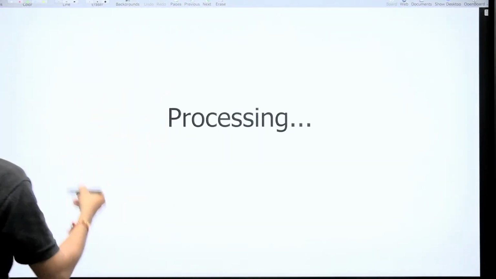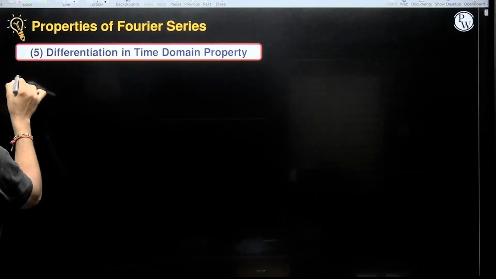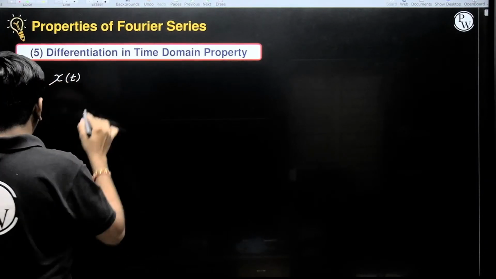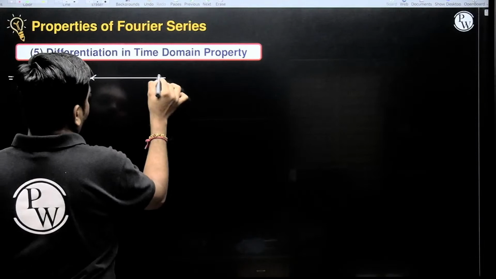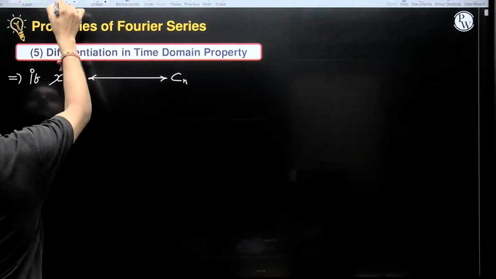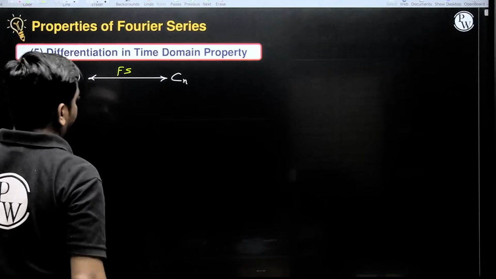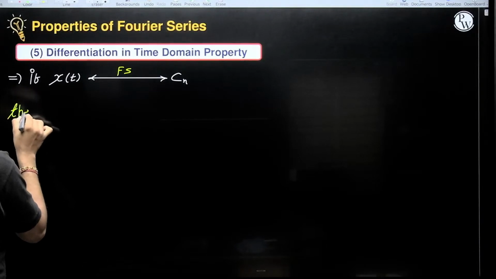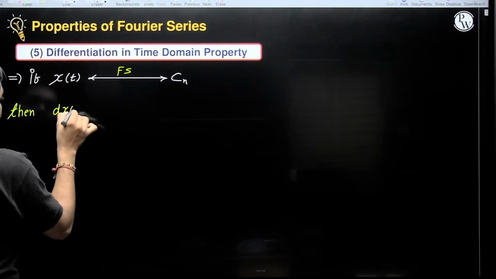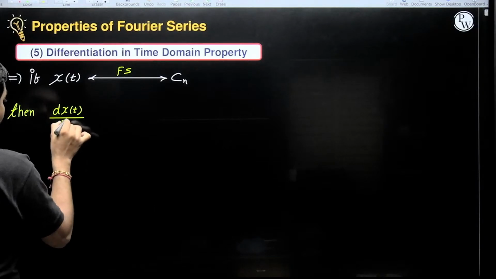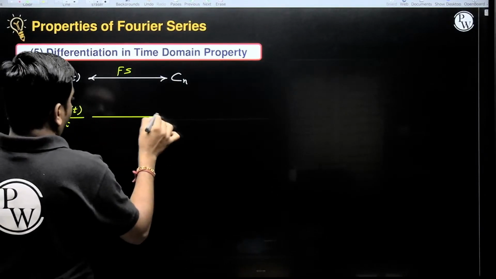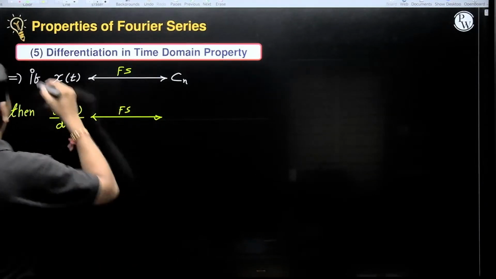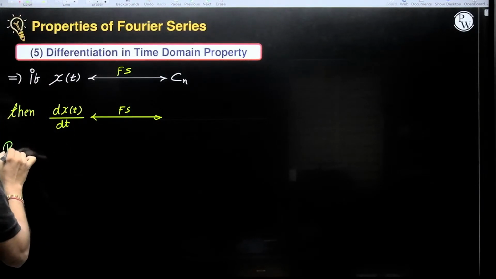This property says that if the Fourier series coefficient of x of t, which is of course periodic, is Cn, then to differentiate x of t with respect to t, what about the Fourier coefficient? Let me prove this.